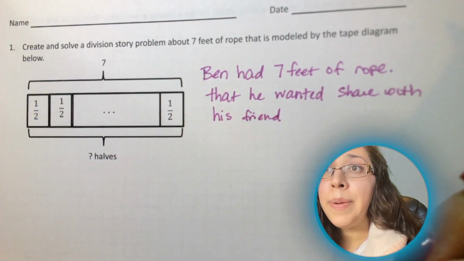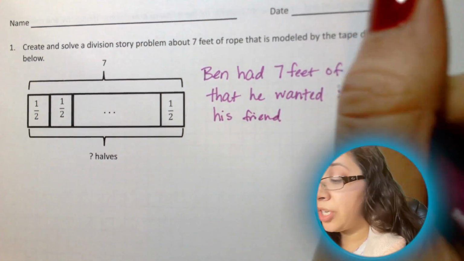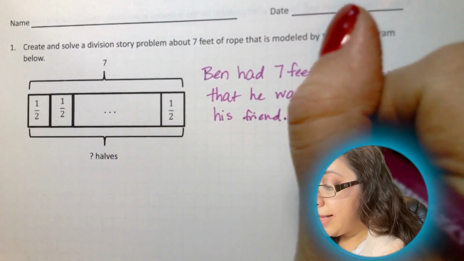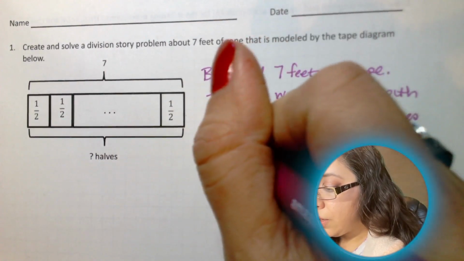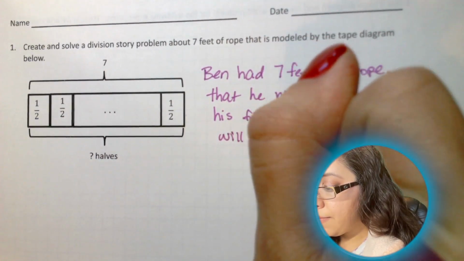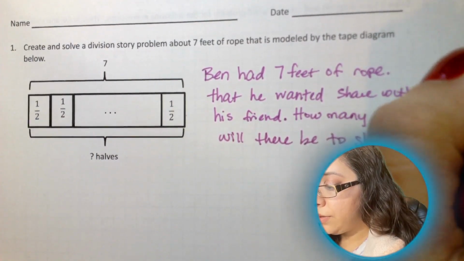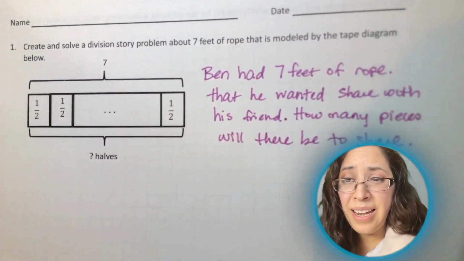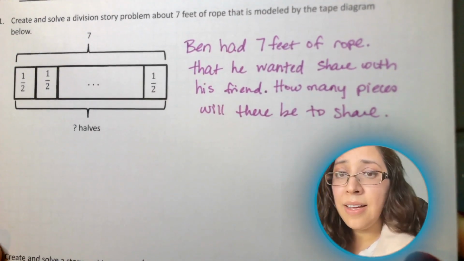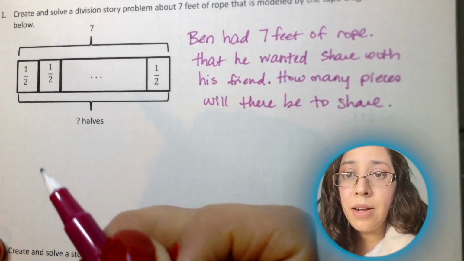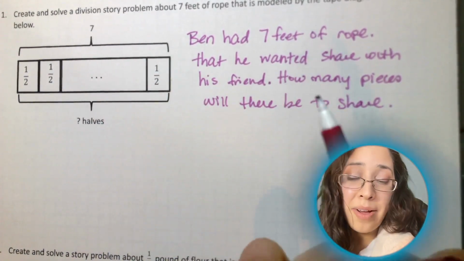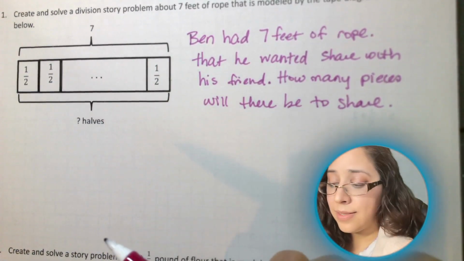How many pieces will there be to share? That's my question. You can come up with any of your own ideas for this, something different. Doesn't really matter. The goal is, can you figure out a word problem that makes sense with this context?